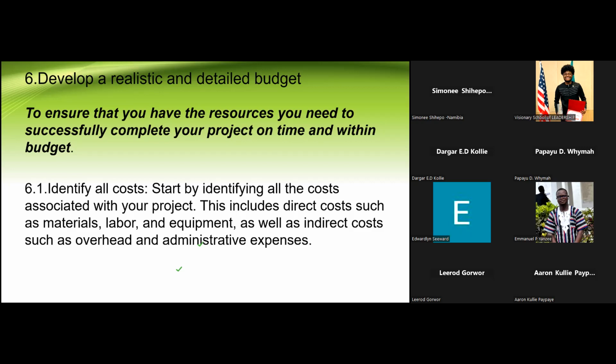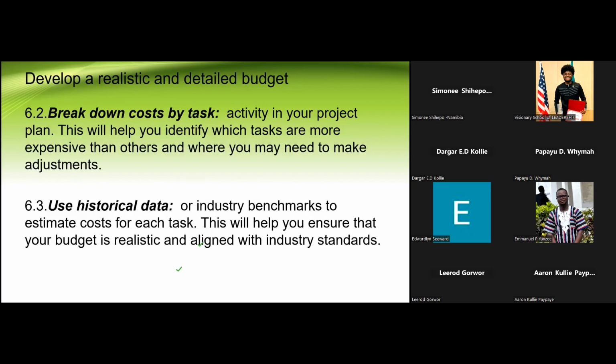So then you can come up with somebody you put in, whether it is an officer that comes and does M&E and so on. Then secondly, you break down the cost by task. Remember, I said the activity will inform the budget. The task is the activity in your project plan, every task. This will help you to identify which tasks are more expensive than others and where you may need to make adjustments.